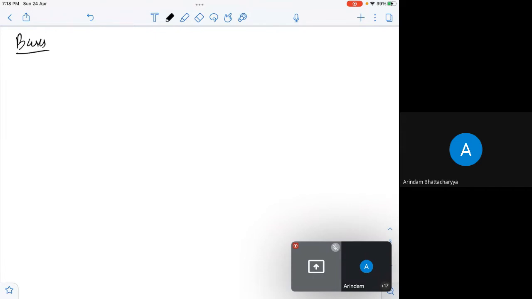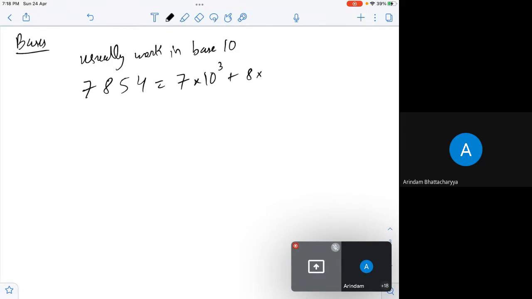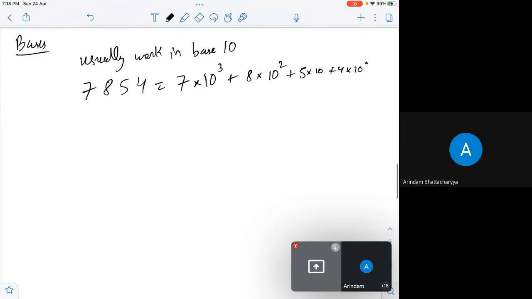So we usually work in base 10. That is to say, whenever you write down a number, even something like root 2, you write it as 1 times 10 to the 0 plus 4 times 10 to the minus 1 plus 1 times 10 to the minus 2, and so on.